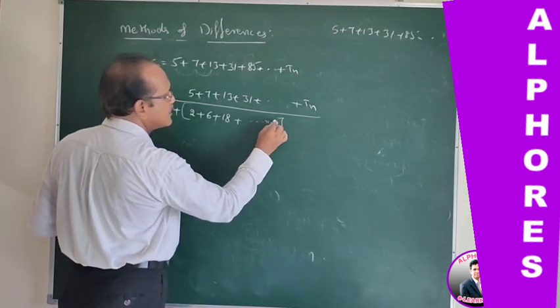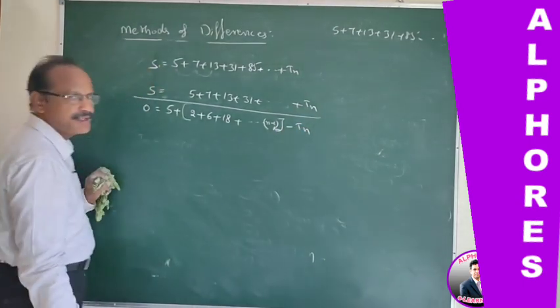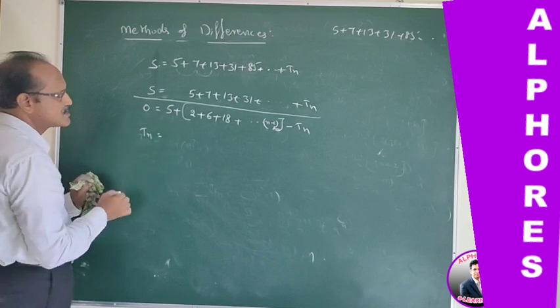And here n minus 1 terms, minus Tn. Take minus Tn to the left side, it becomes Tn.